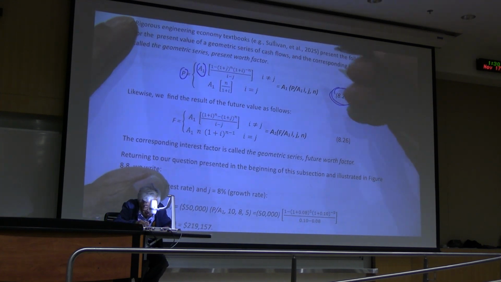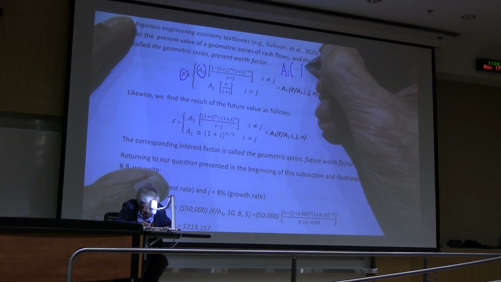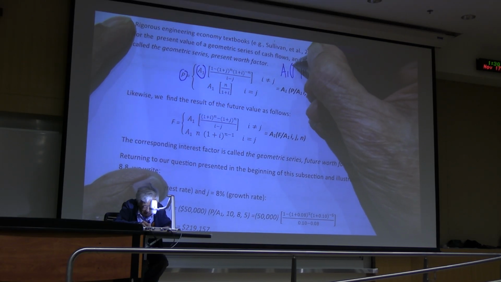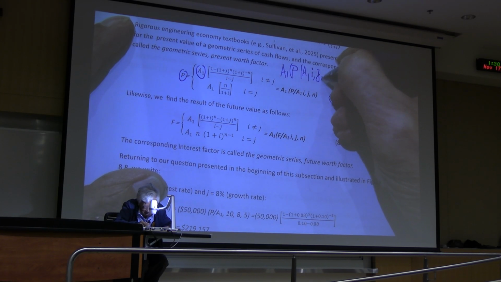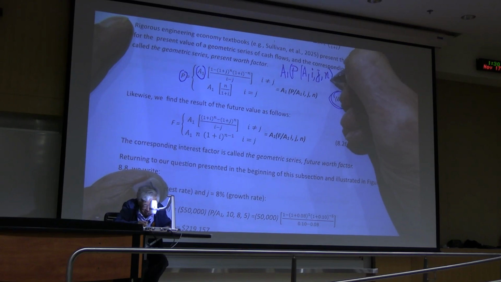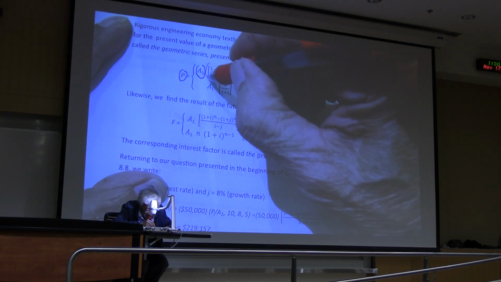The way you write your interest factor is: given A1 to find present value, i percent interest rate, j growth rate, and N interest periods. The formula is right here.